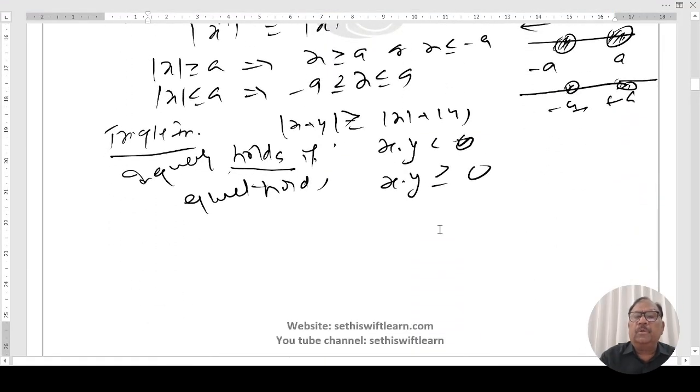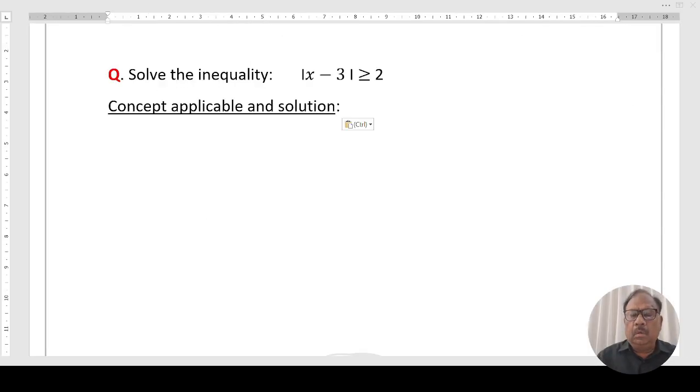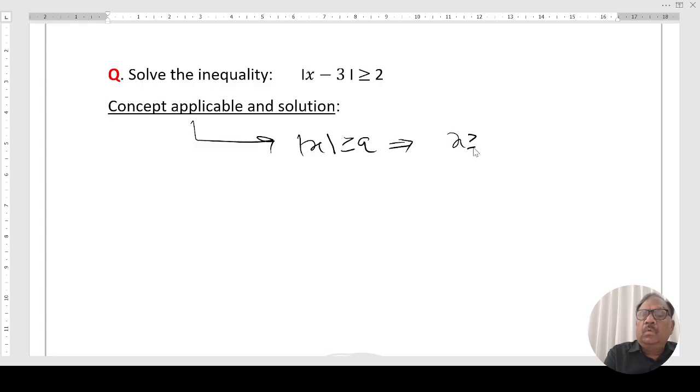Now, next question. Solve the inequality mod of x minus 3 greater than or equal to 2. Concept applicable: mod x greater than or equal to a gives x greater than or equal to a or x less than or equal to minus a.